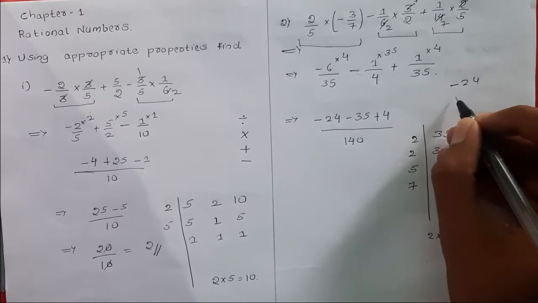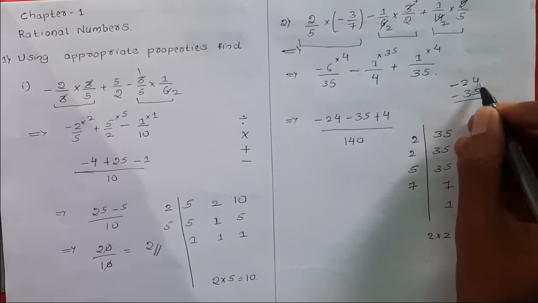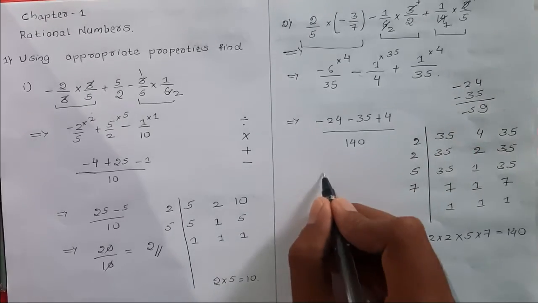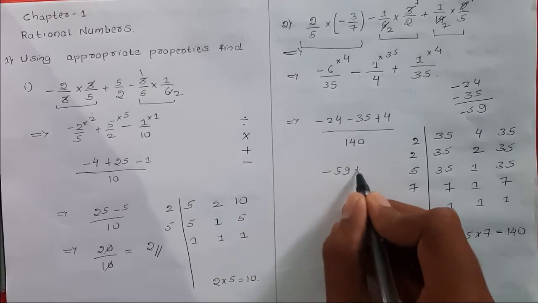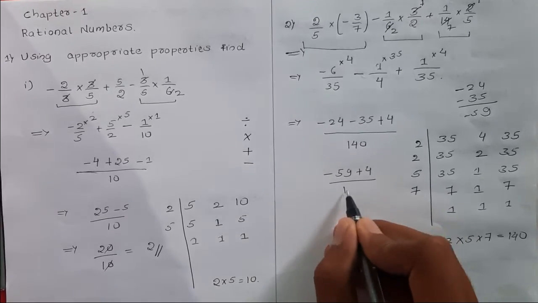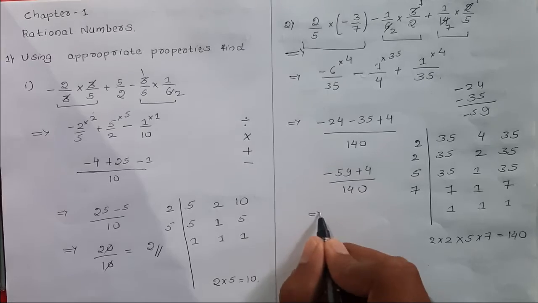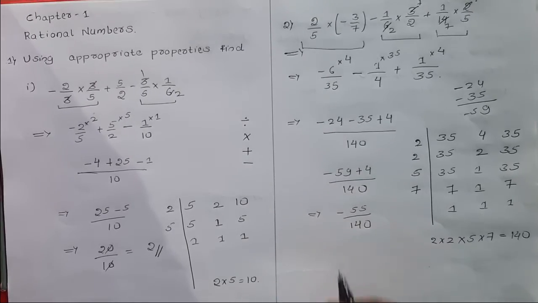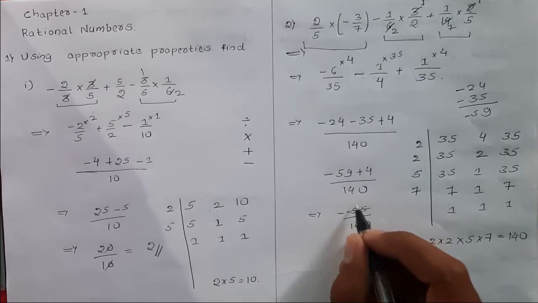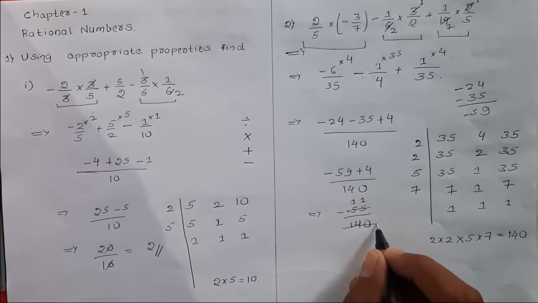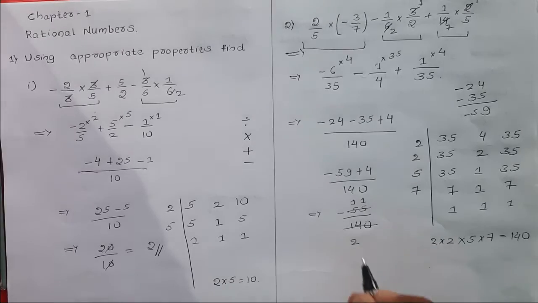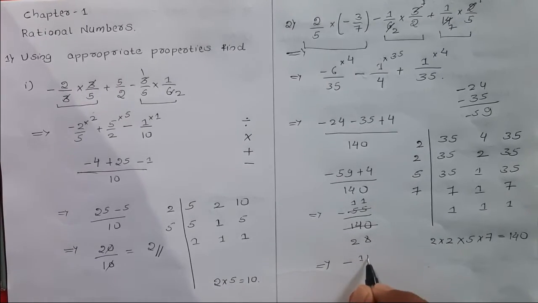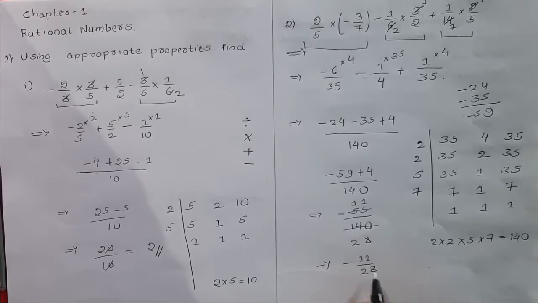Minus 24 minus 35, that is minus 59, minus 59 plus 4 divided by 140, that is minus 55 divided by 140. 5 ones are 5, 5 twos are 10, 4 left, 5 8s are 40. The answer is minus 11 by 28.